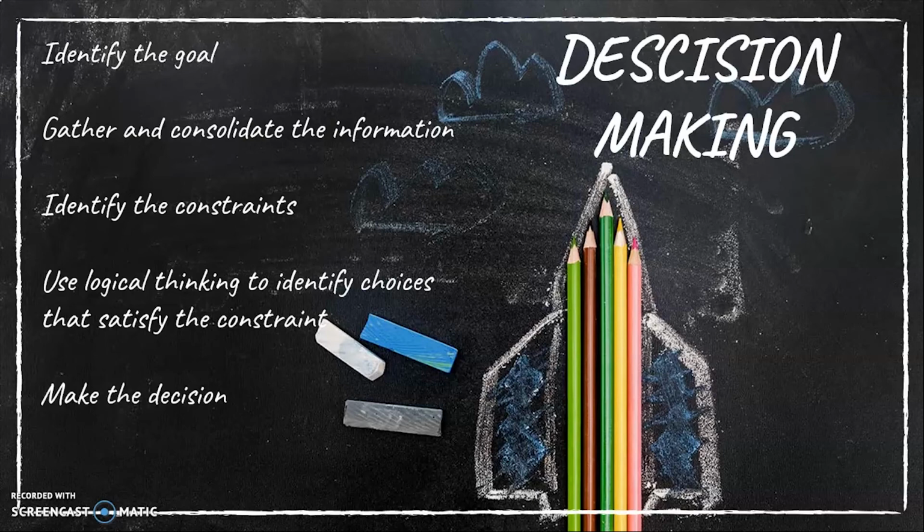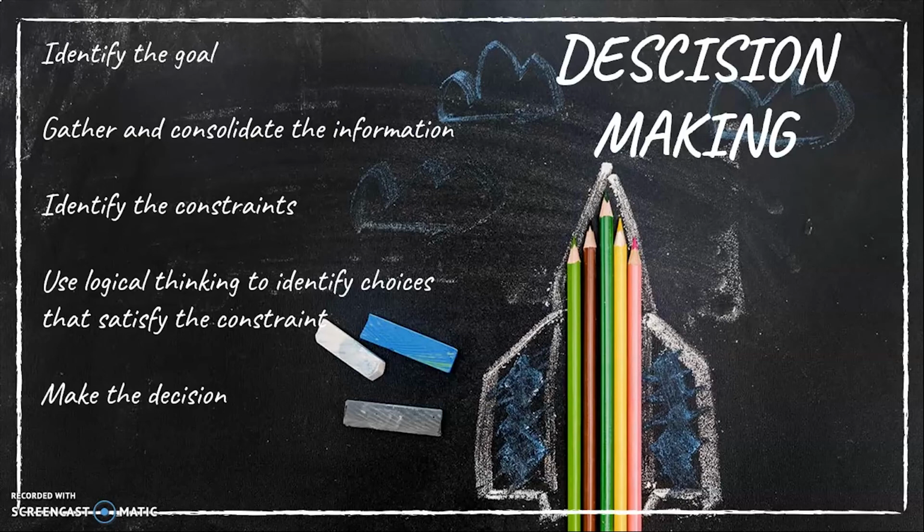For that you have to think logically about the different choices or the solutions which are available to satisfy the constraint, to satisfy the problem. We have to decide what choices or solutions are available.